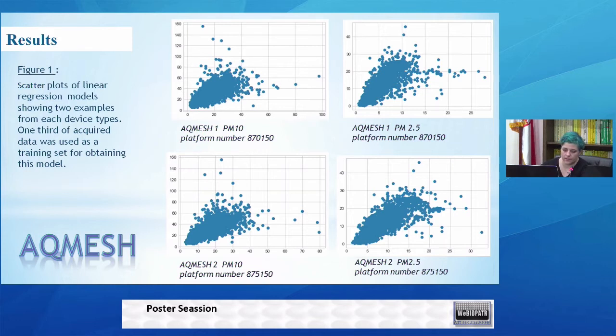This is an example of two of the platforms that we measured, the PM10 and PM2.5 measurements, and the linear regression models that were acquired using 1/3 of the obtained data. It was not a lot of data, but the results are okay.